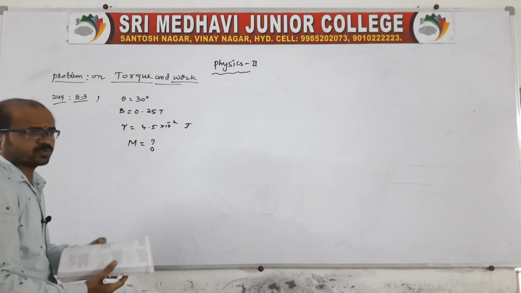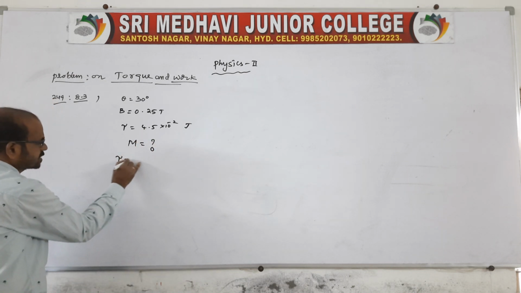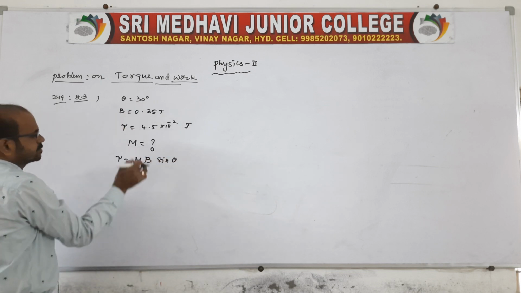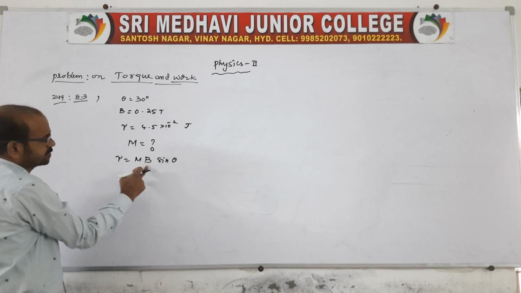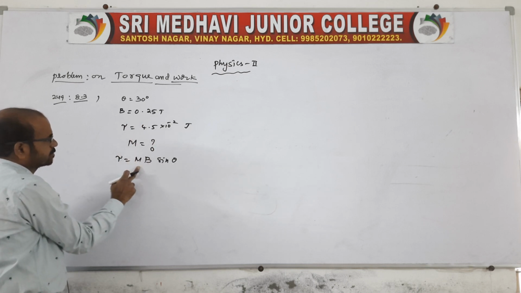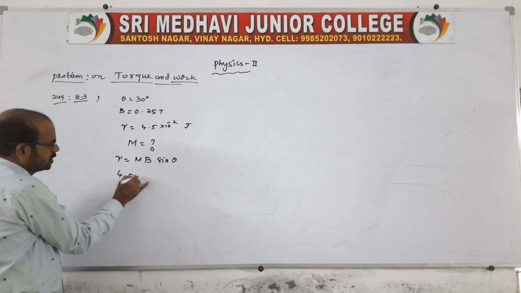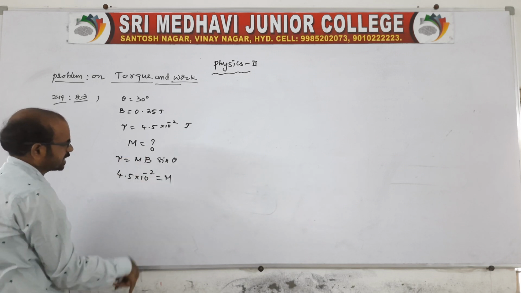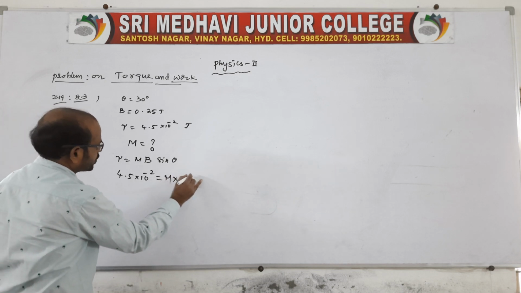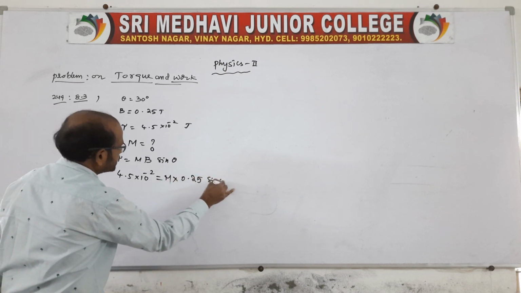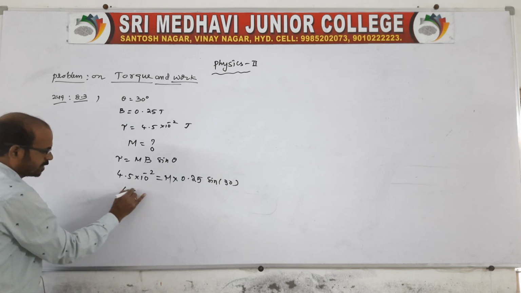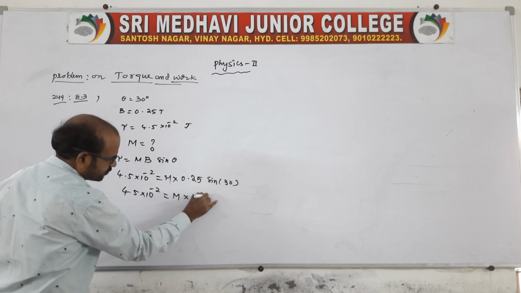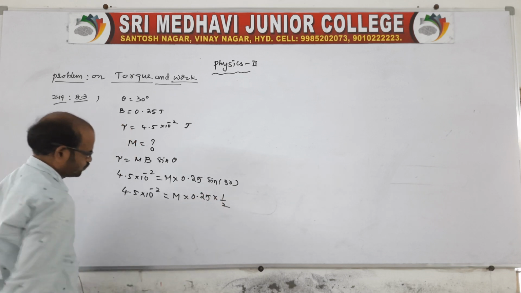It is a simple problem, because we know torque is MB sin theta. Here theta is given, B is given, tau is given, and it is asking for capital M. So 4.5 into 10 power minus 2 is equal to capital M into 0.25 into sin 30, which is 1 by 2.